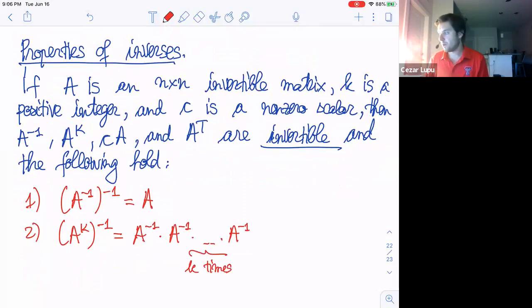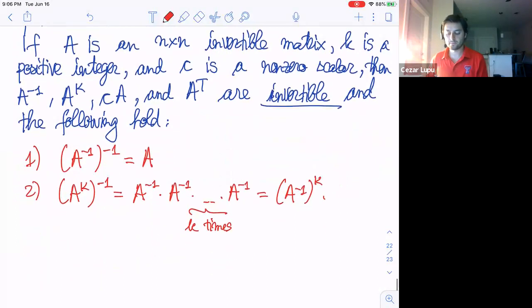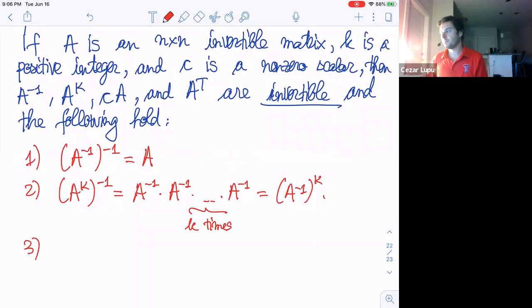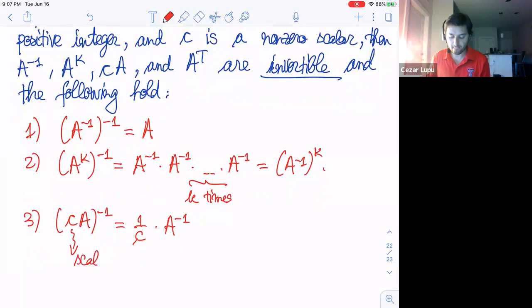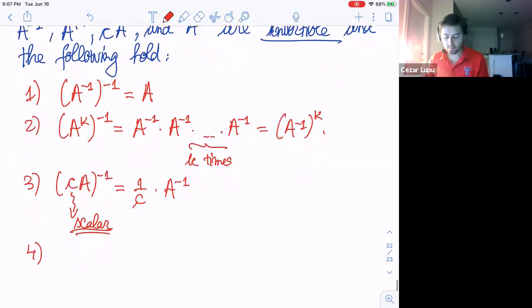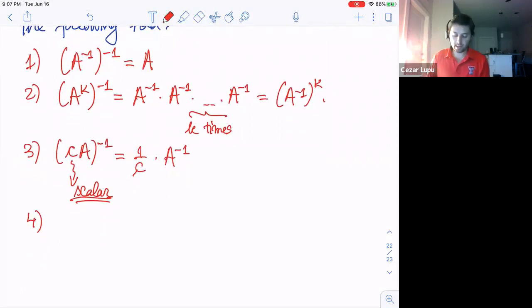We have K factors, so this is A inverse to the power K. The third property: if I have a scalar times a matrix and I want to find the inverse of this, it is 1 over C times A inverse. Keep in mind that C is a scalar. And last but not least, the fourth one is that the inverse of A transpose is nothing else than the transpose of A inverse.